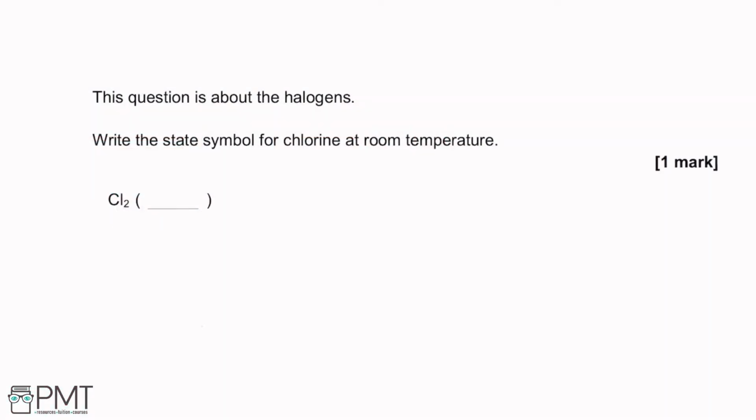This question is about the halogens. Write the state symbol for chlorine at room temperature. So, we are told that chlorine is Cl2. So it's two chlorine atoms bonded together. Now, when we have two nonmetals bonded together, that is a covalent bond. So we can say that Cl2 is going to be a simple molecular substance.